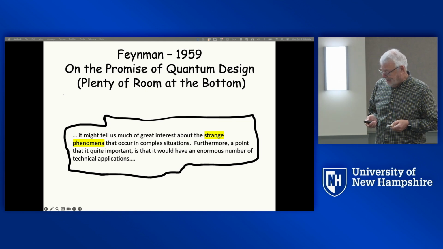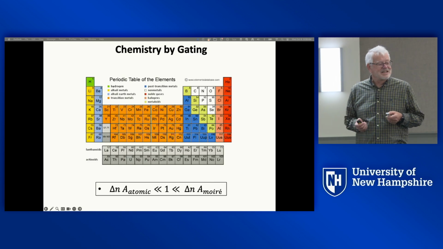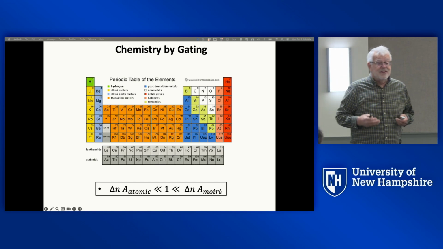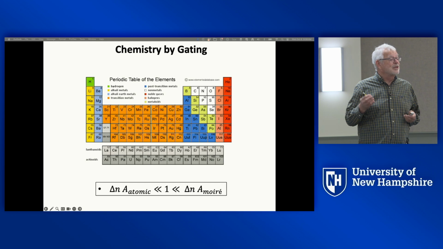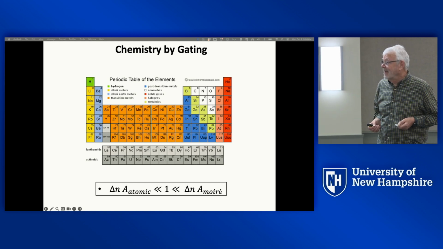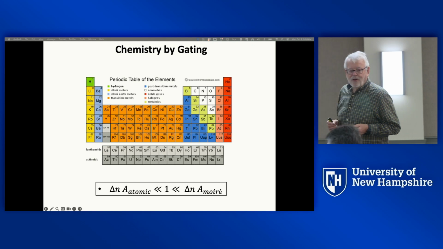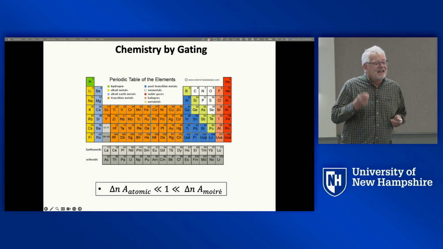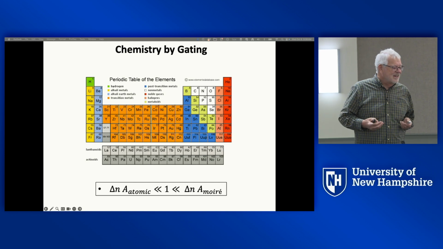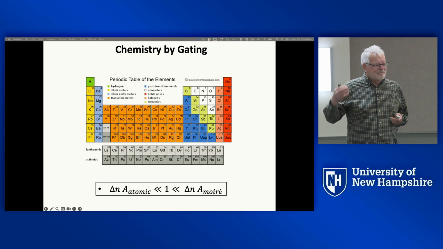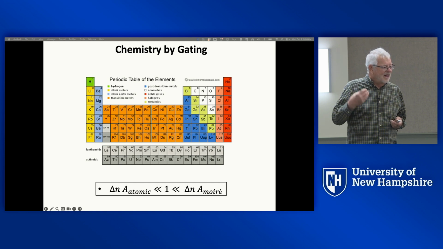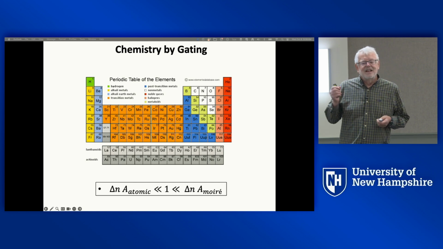So along one axis, at least, we're realizing this vision articulated by Richard Feynman more than 60 years ago. Okay? So the most important thing about these artificial periodic structures is that the period is long, much larger than atomic, but not too long.